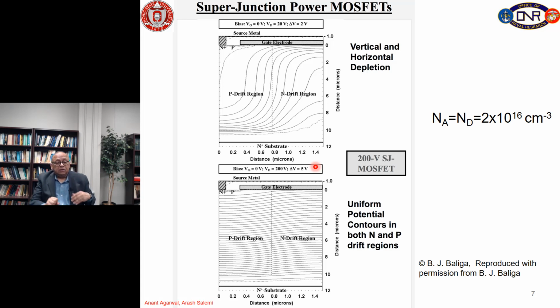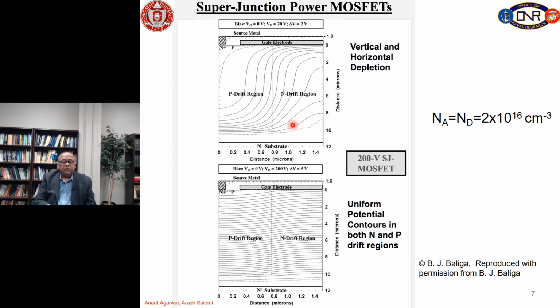So, we take a case of a 200 volt structure from Professor Baliga's lecture notes and books, and you can see that this is a P-type pillar, this is the N-type pillar, and both are doped at 2 times 10 to the 16.